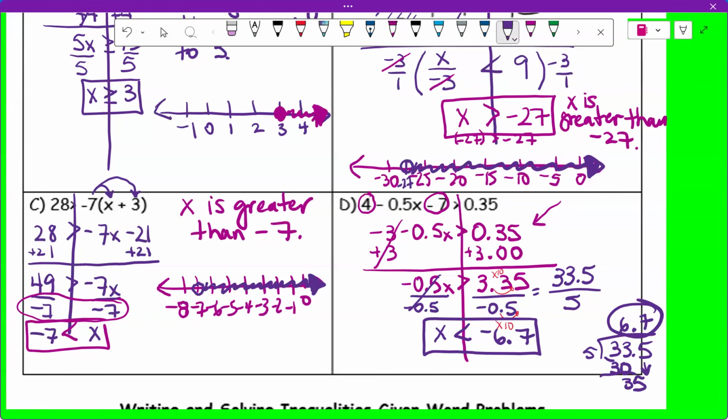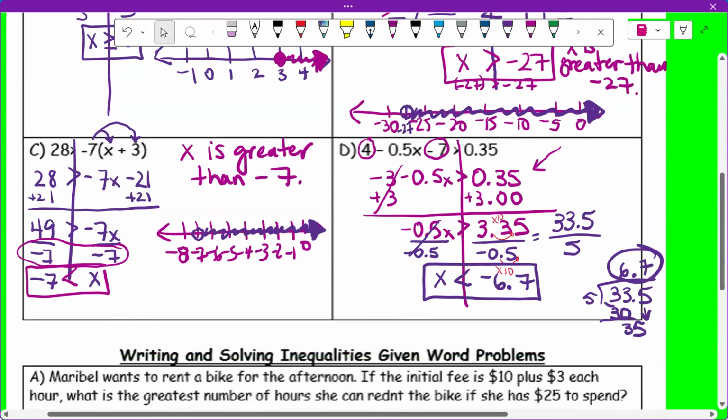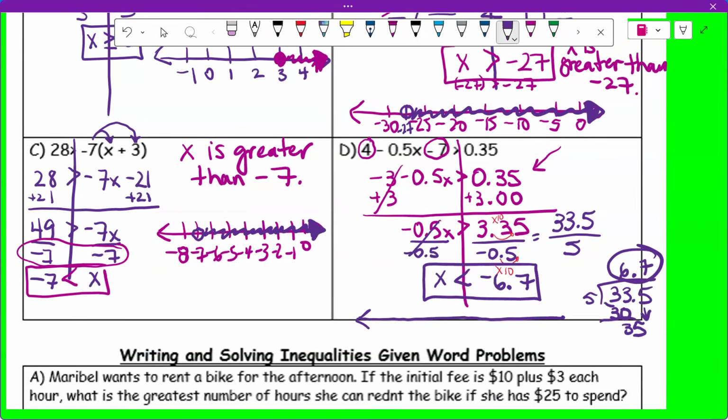6, 7. So when we graph this, I'm going to use this line here as my line. We have a decimal this time. So remember, we need to put the numbers on the number line that go out to that value so we can represent at least what 2 whole numbers it goes between.